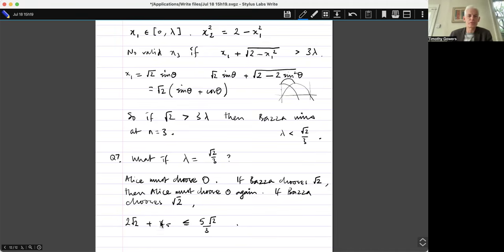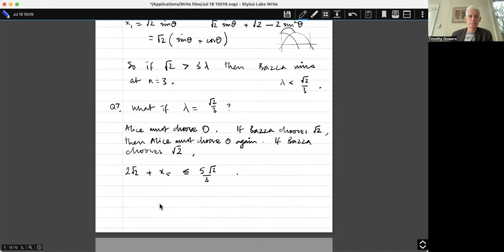So I now want to ask myself the following question, because it seemed that Bazza's best bet was simply to choose numbers as large as possible. So question 8: for which lambda does Bazza win with a greedy strategy?